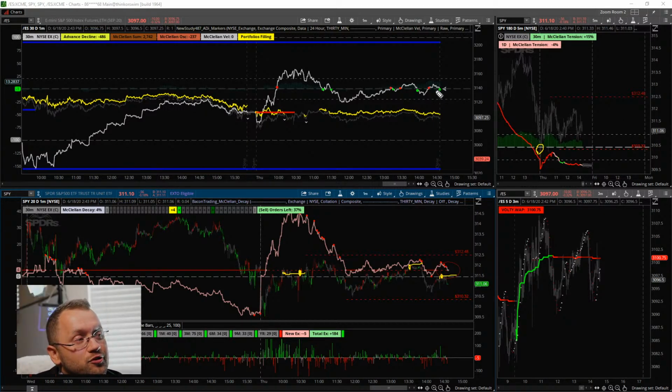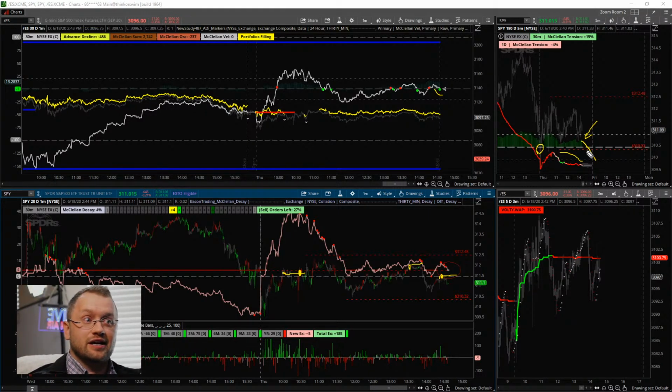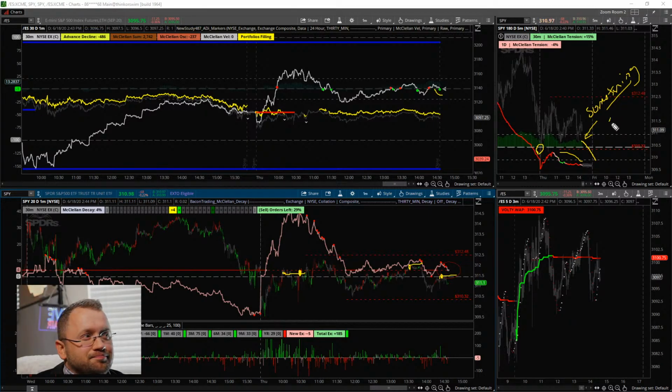So the bulls are about to get sampled again. These bears are encouraged. They're motivated. And their motivation, remember, because they have 30-minute down, it's not looking amazing, is to get daily tension under. They need this daily tension to get under zero. Then they can really say we have control of this. And it's going to take something explosive.